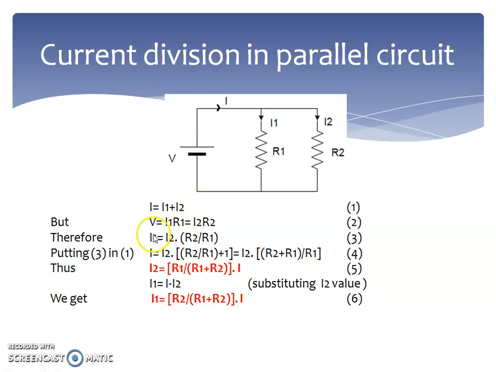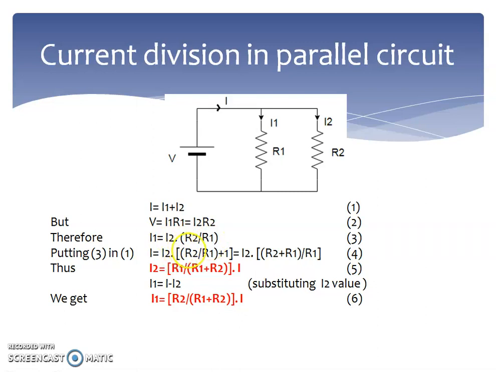What will be the value of V? We have already studied the property of a parallel circuit, that in a parallel circuit, voltage remains the same across all the branches. So V is equal to I1 R1, and it is also equal to I2 R2. Now, what will be the value of I1? That is I2 into R2 by R1, as per equation 2.